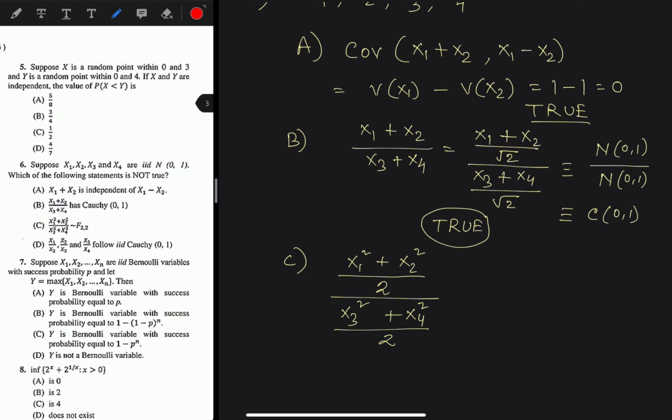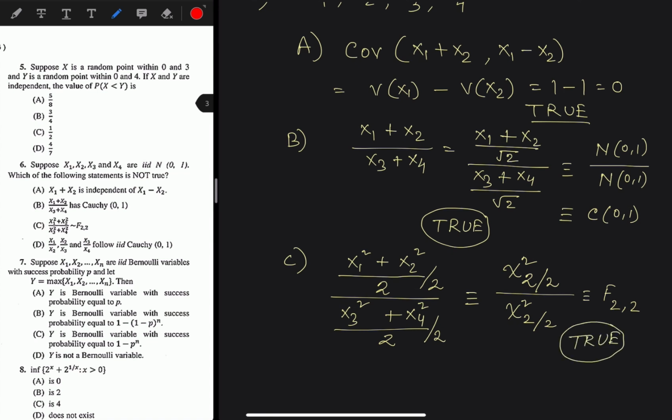These are chi square 2 by 2, which can be written as F of 2 comma 2. So option C is also true.